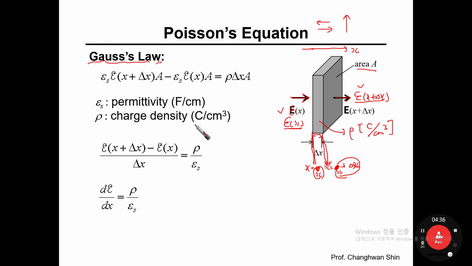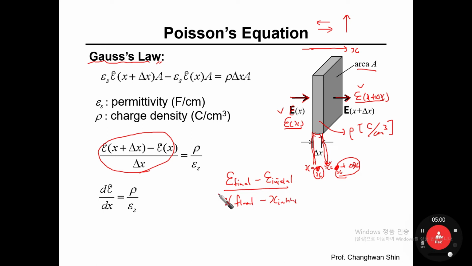Then now, the electric field variation, as shown here, right? The electric field final value minus the electric field value at the initial place, and the position at final and the position at initial. That corresponds to delta E and delta x, right? And that can be written as dE dx if I'm using a differential form.